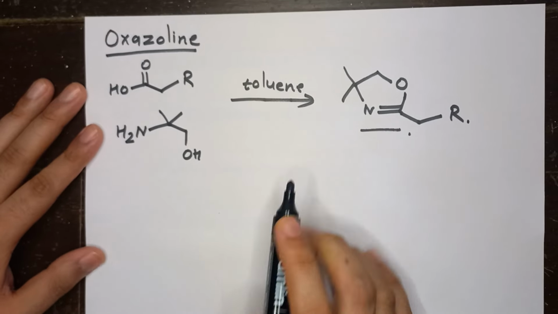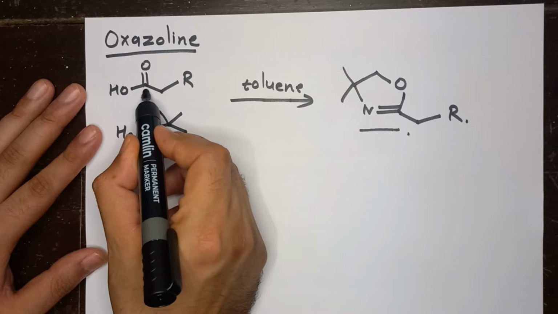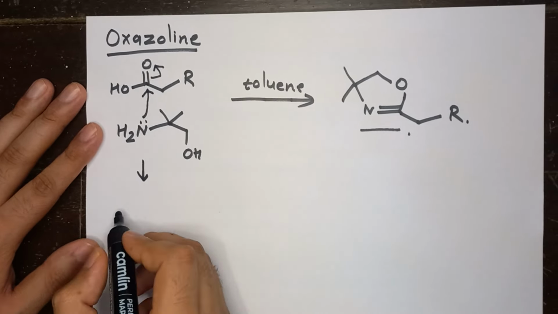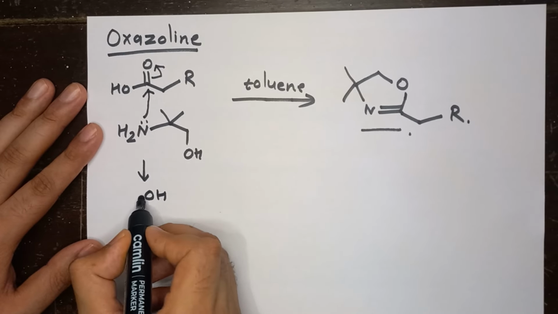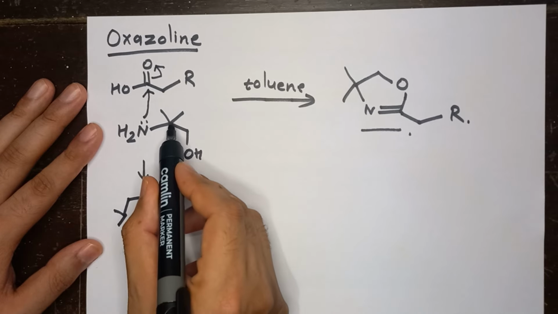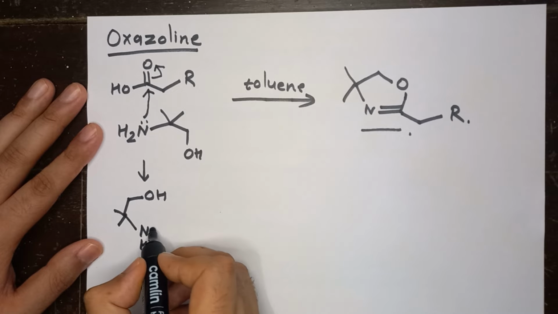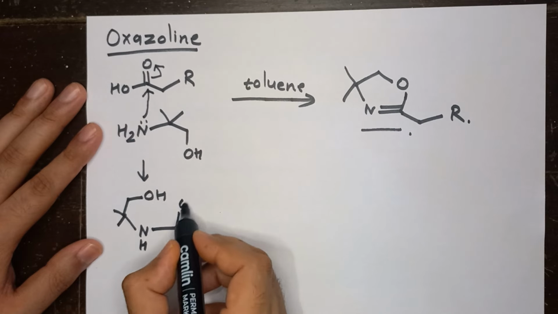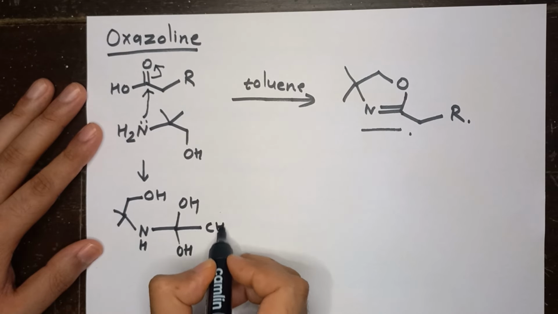Okay, so let's see. This nitrogen will attack at this carbonyl and will open up this bond. So we have OH, CH2, C, we have NH, now bonded with OH and OH, and we have CH2R group, right?